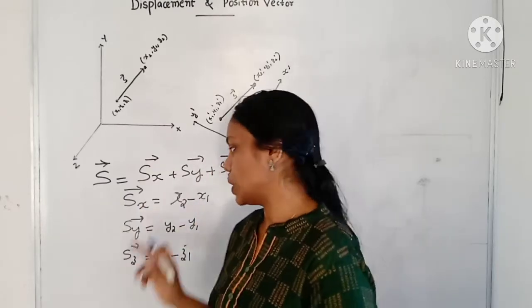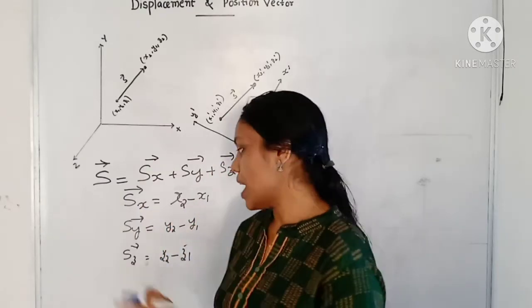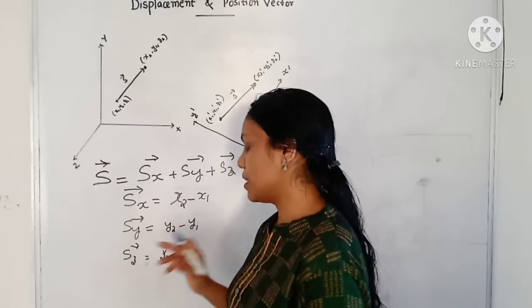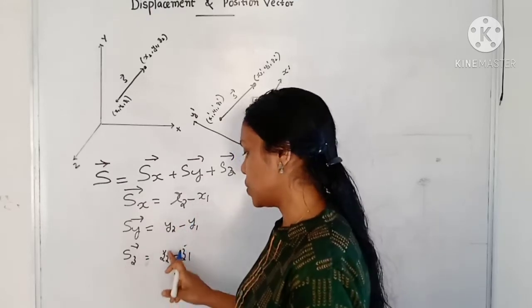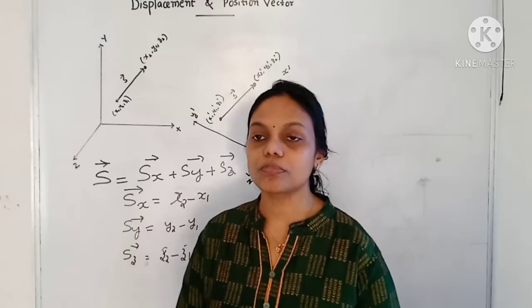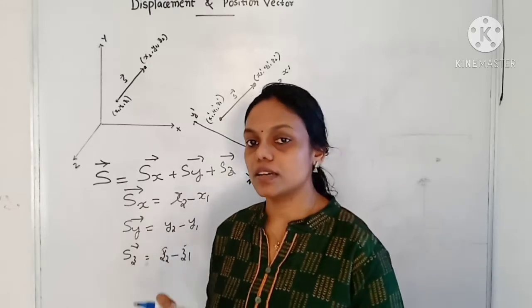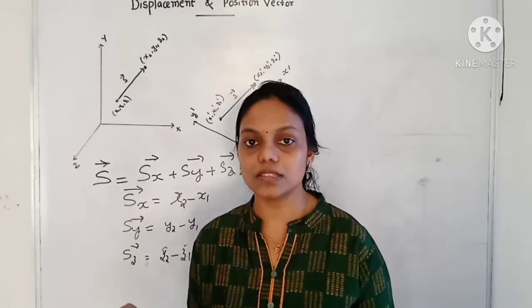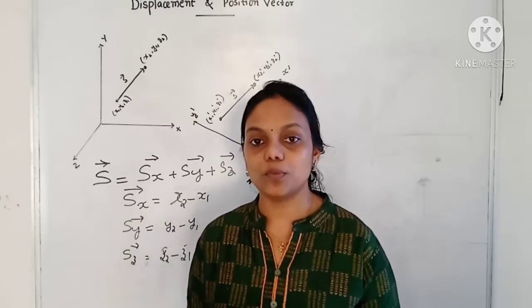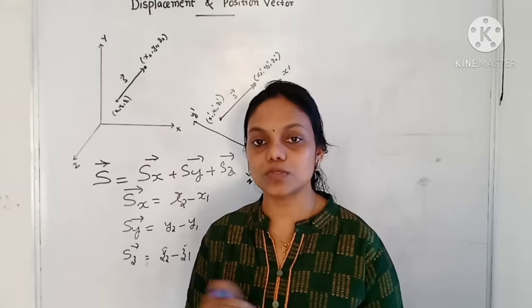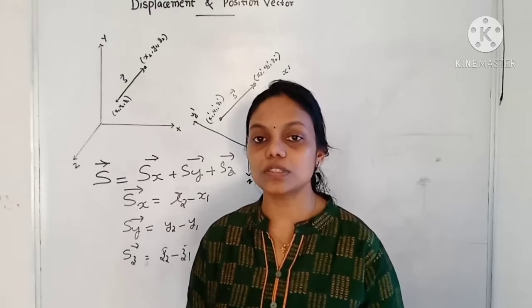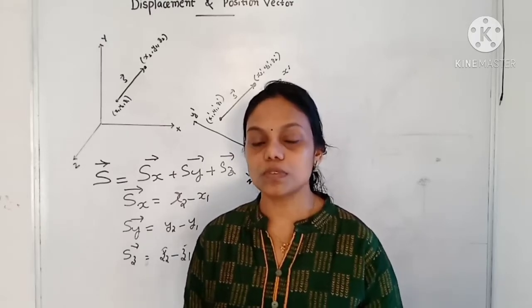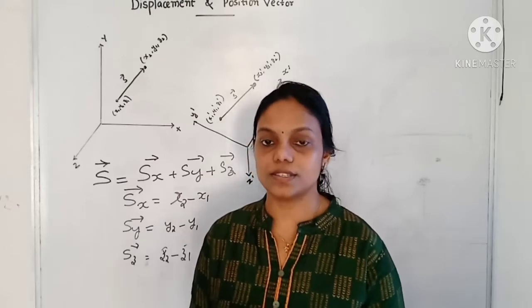Sx is equal to x2 minus x1, and Sy is equal to y2 minus y1, and Sz is equal to z2 minus z1. These are the displacement along the x direction, and y2 is the displaced point from y1, and z2 is the displaced point from z1 along the z axis.